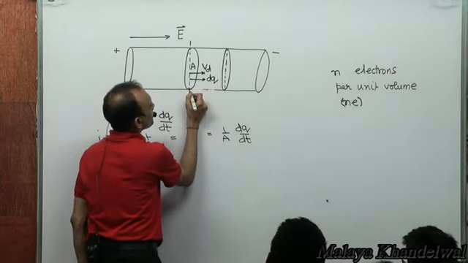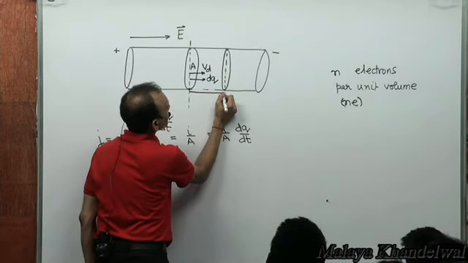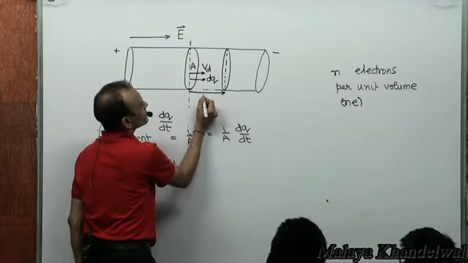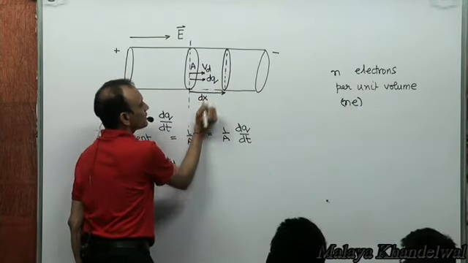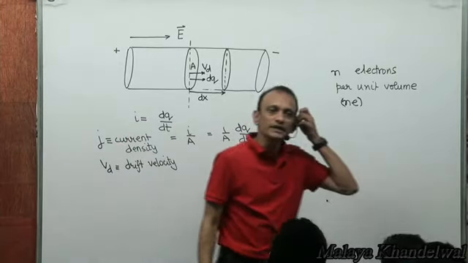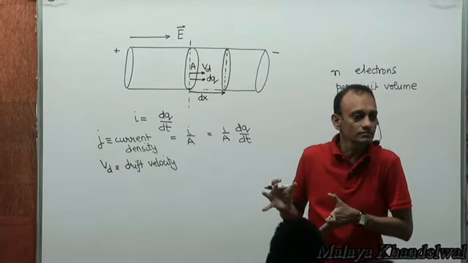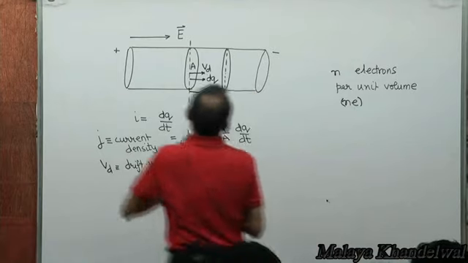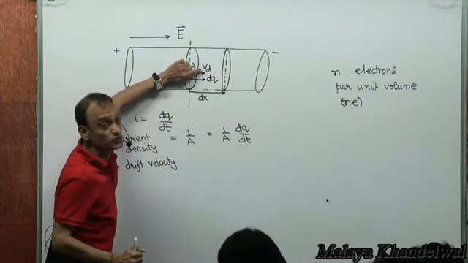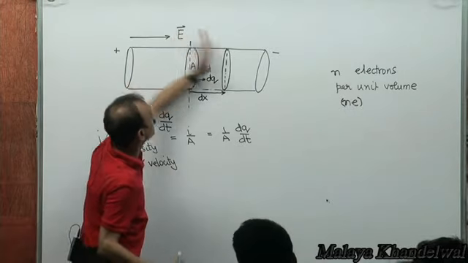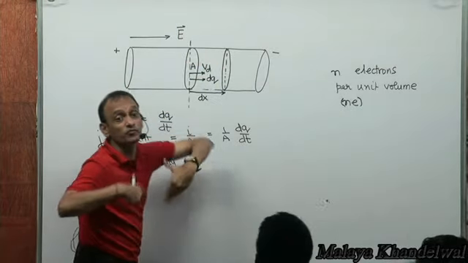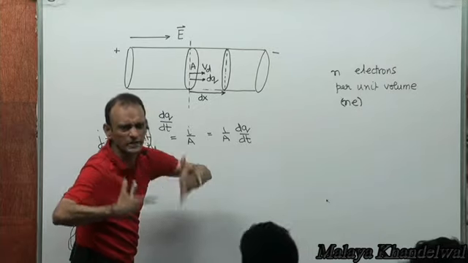And this dq, let's say, covered dx in that time. This dq covered dx in a time dt. Dx obviously would be covered at drift velocity. Yes or no? If dx was covered by charge dq, then it would be done at drift velocity.